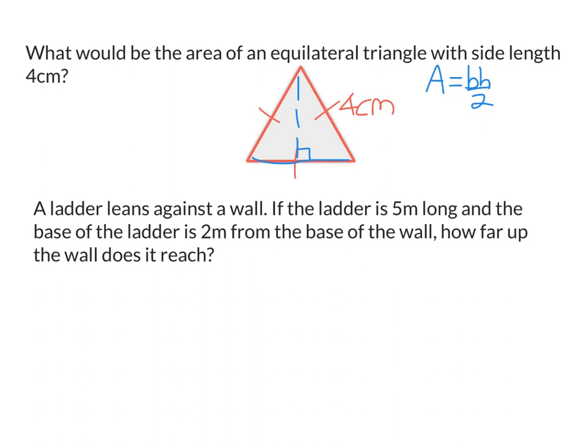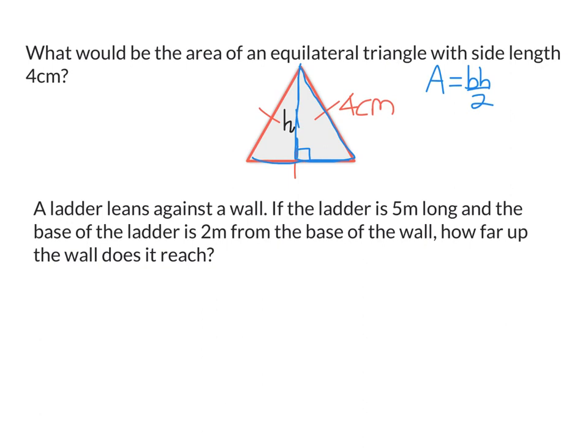Well, what we can do is divide this into two right-angled triangles. They're actually congruent. So we can use Pythagoras to find this height here, which I call h. And then area is just base times height divided by 2. So that's how Pythagoras can help even in an equilateral triangle.